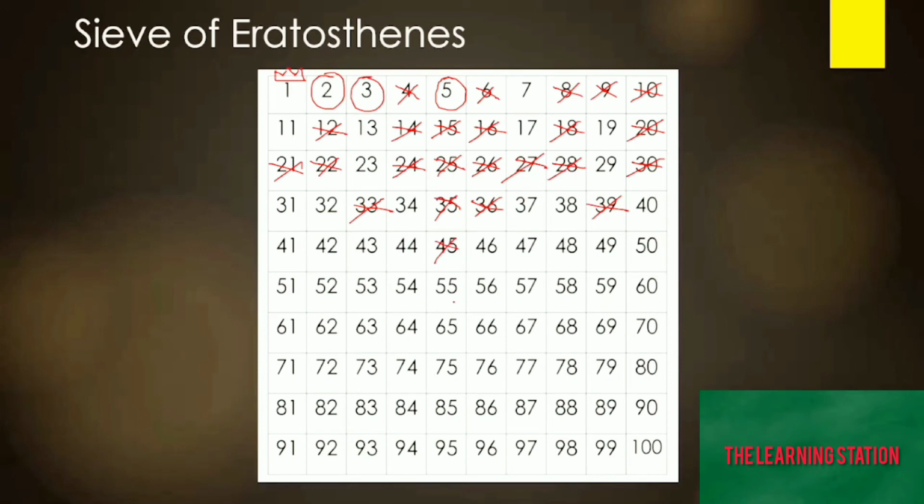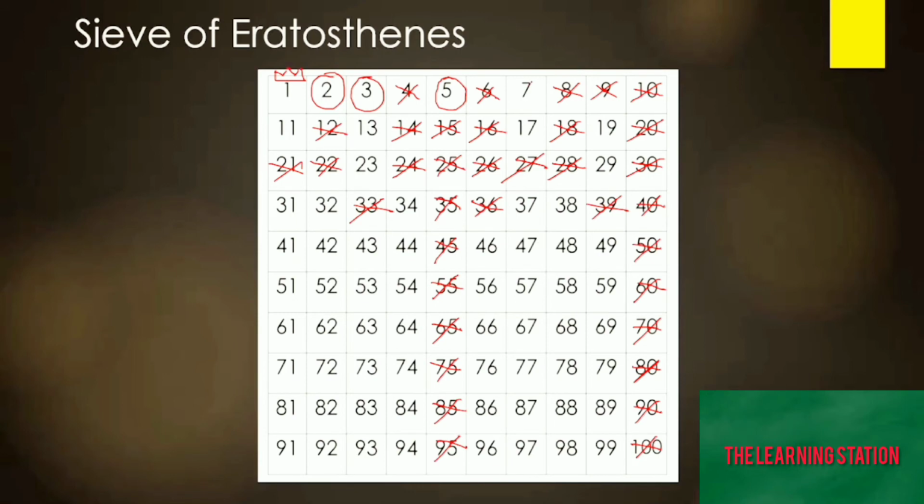In this column, we already have the numbers which come in the table of 5. So let's cross them, and those which have 0 at the end, cross them too. See how easy it is to cross the table of 5, right? Alright, let's move to the next number, which is 6. That is already crossed out. We do not need to consider that.